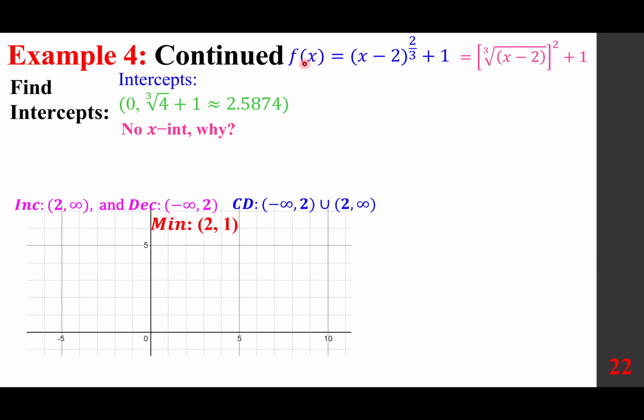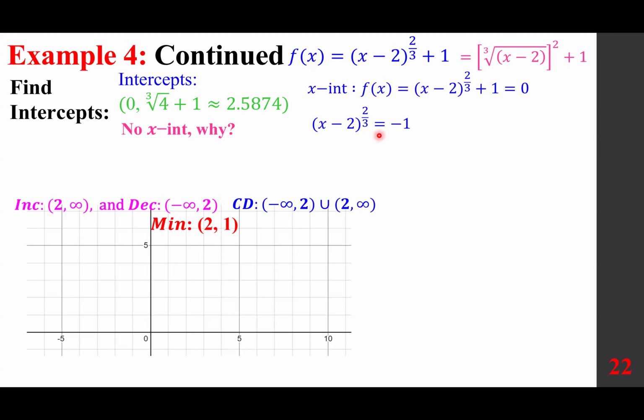X-intercept means y or f of x is 0, set it equal to 0. We're going to move the 1.